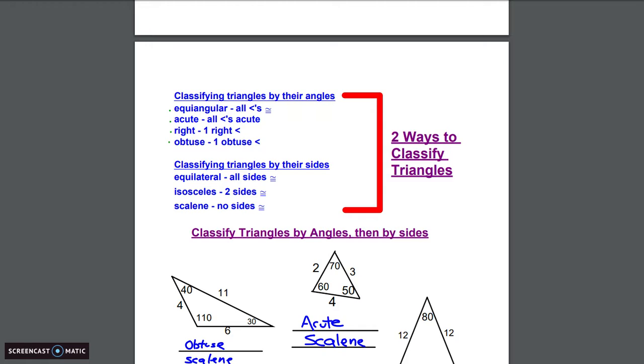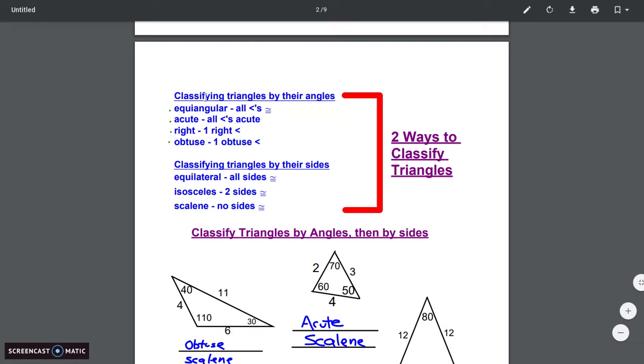So this is classifying triangles by their angles. These are the ways that you classify them. You might have learned about this in maybe 7th grade or 5th grade, but here are the different things that you have. I really don't like to say some of these words because they don't come out so well for me.